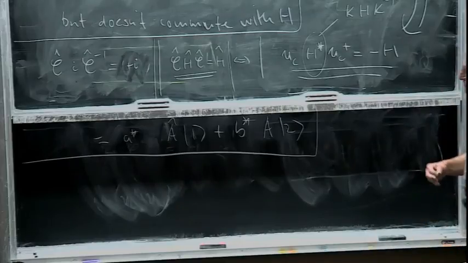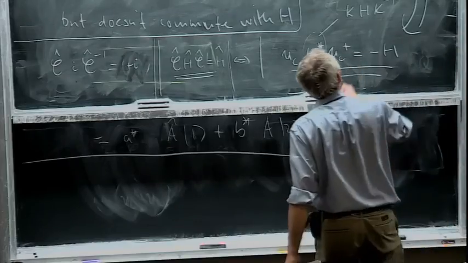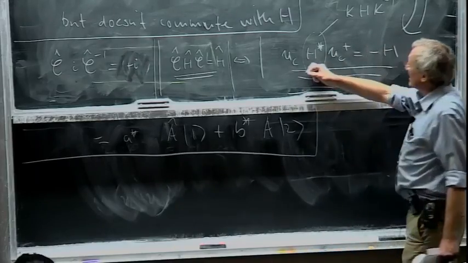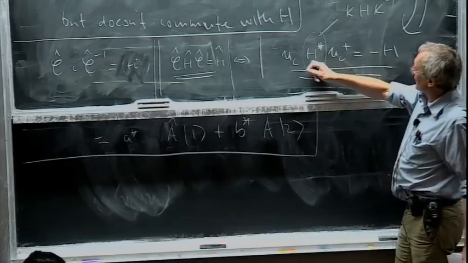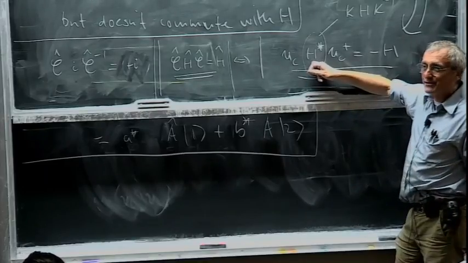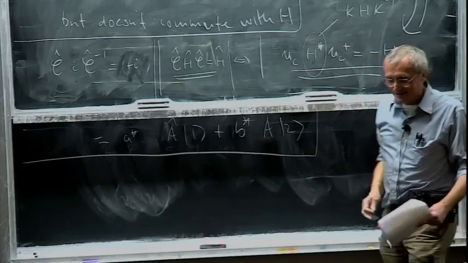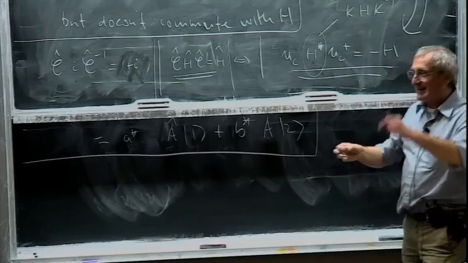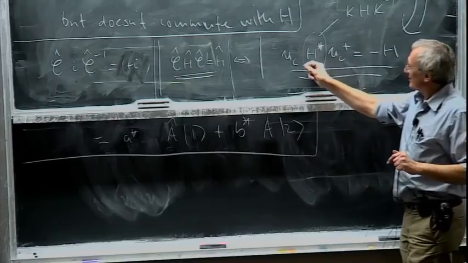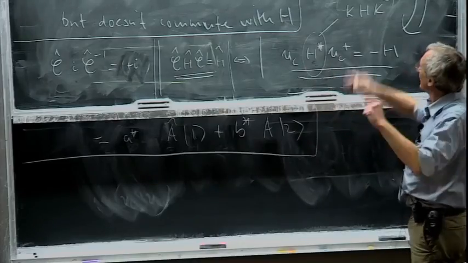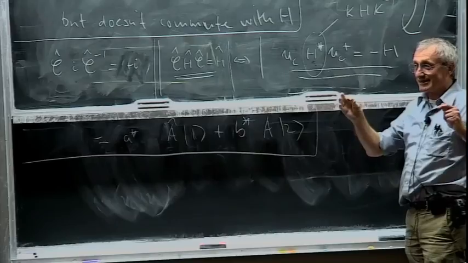Maybe we don't have to do it that way. If you're willing to write H transposed here, we are as good as before, right? So then you have to just think, what does it mean that you have a transpose? So how do you think about this in first quantized Hilbert space?